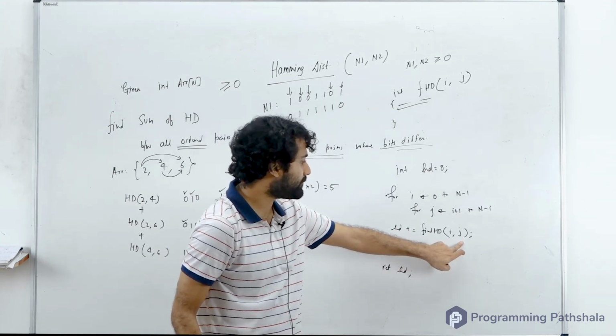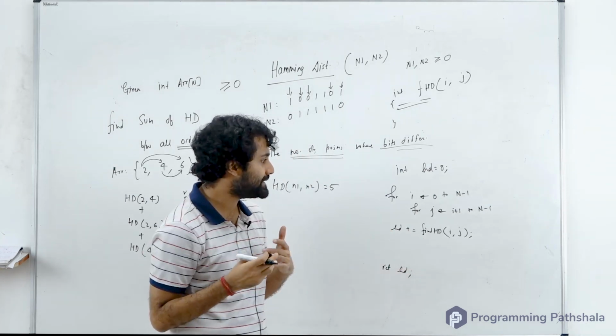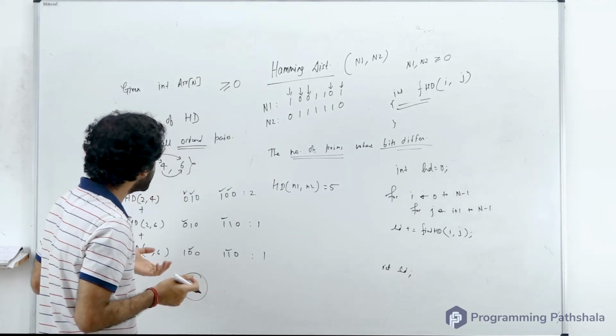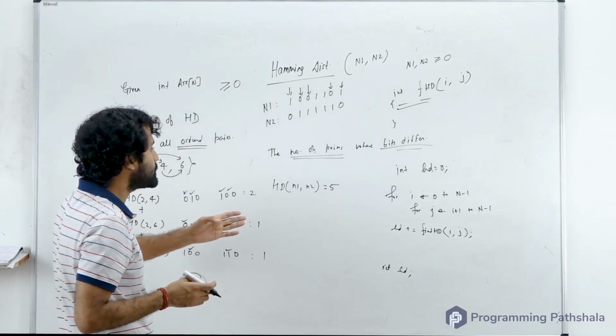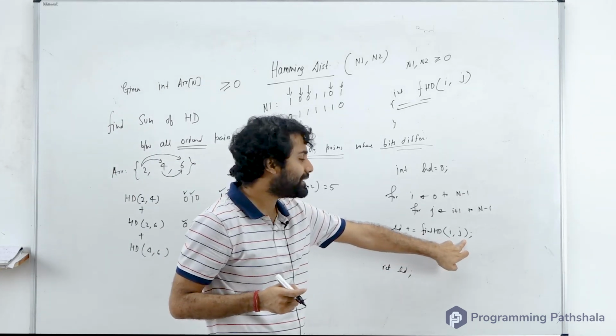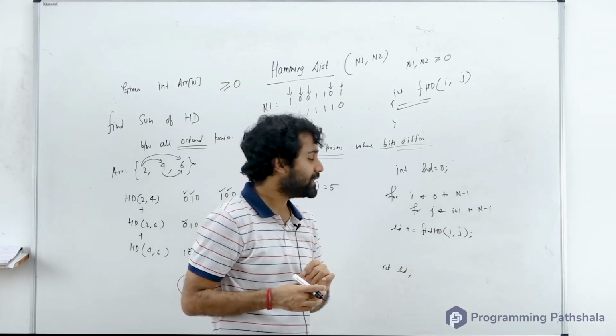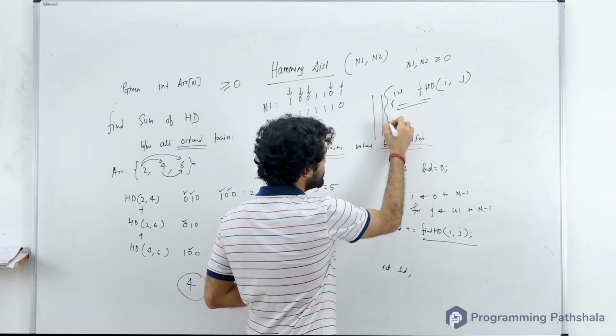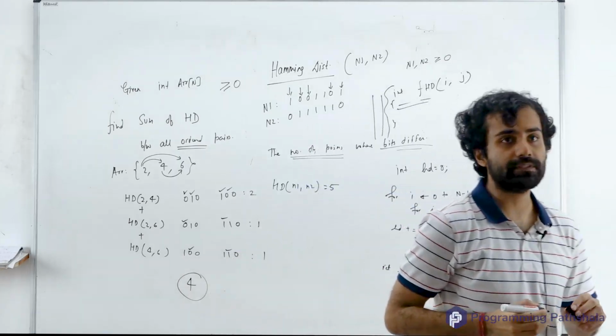So this process of finding Hamming distance means that you have to inspect all the bit positions of array i as well as all the bit positions of array j. So can you talk about the time complexity of this method? Just this method. What is the time complexity of this?